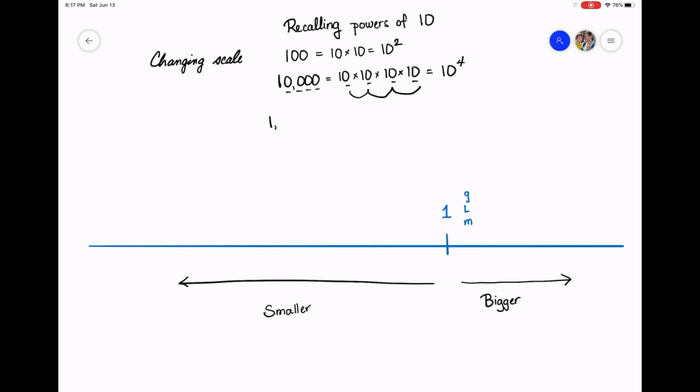Now what if I have 1,000,000? A million is 10 to the power of what? Why don't you pause the video and give it a shot, see if you can figure out the answer. All right, we can figure out the answer by counting the zeros. There are 6 zeros, so this is 10 to the power of 6.